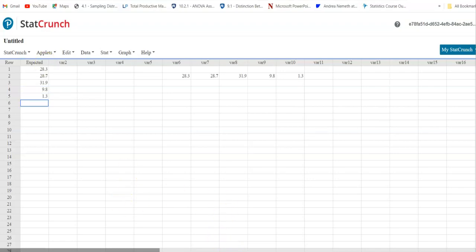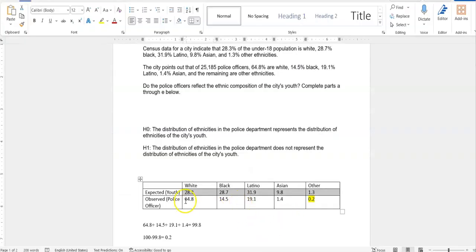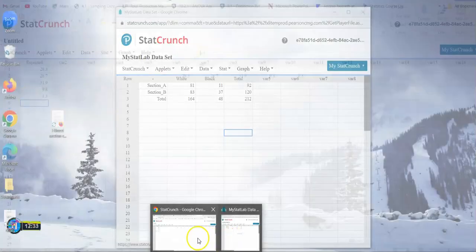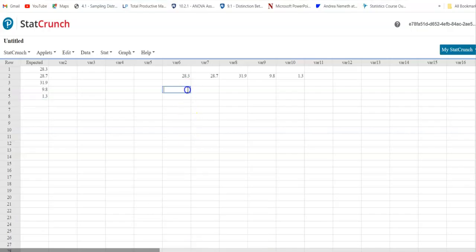Okay, and the second category is here, and it includes the observed values. So let's enter them.